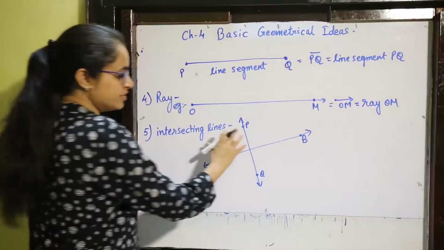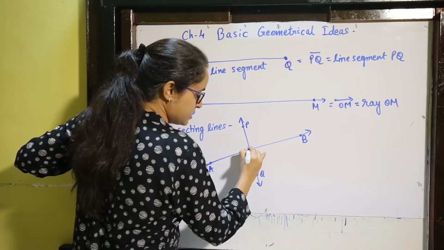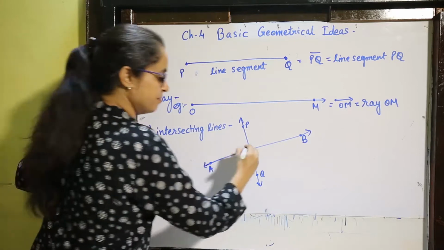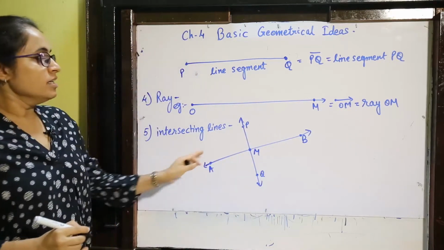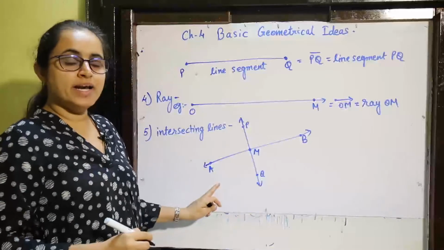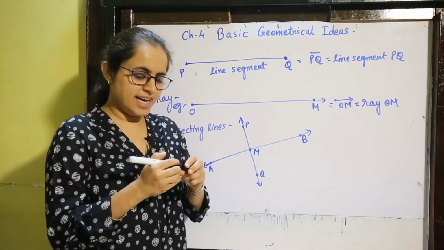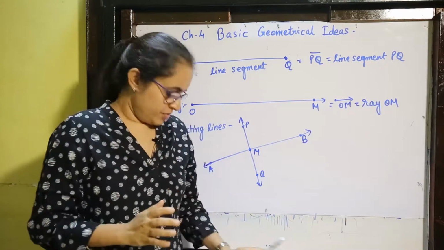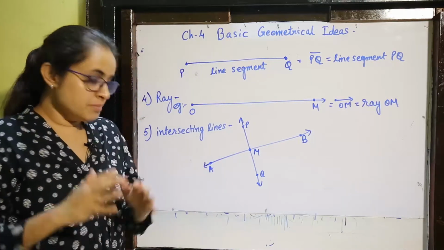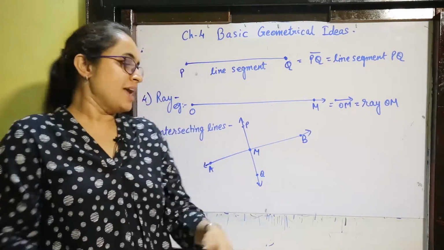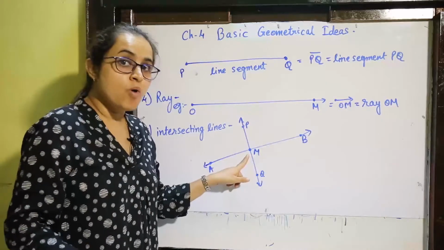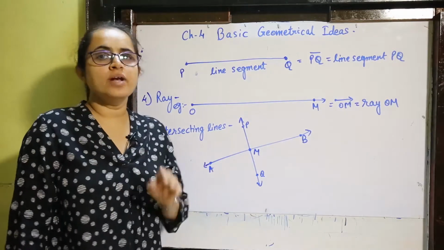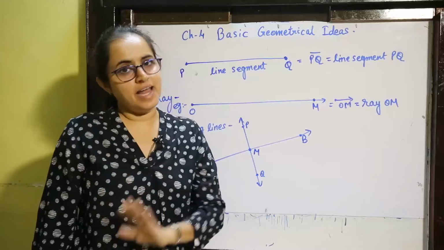If these 2 lines meet at the one point M, then these are called intersecting lines. Intersect means to meet, to cross.